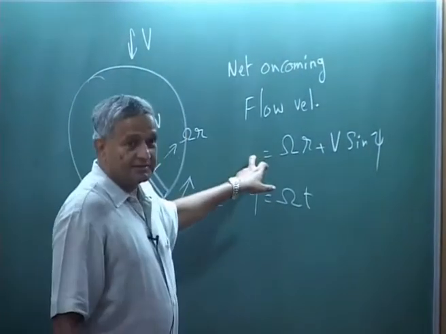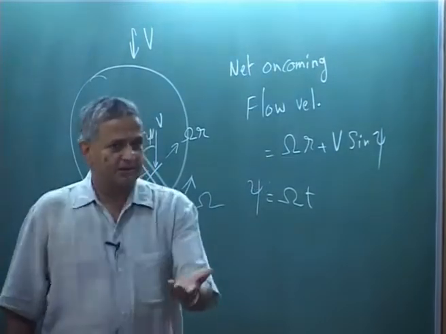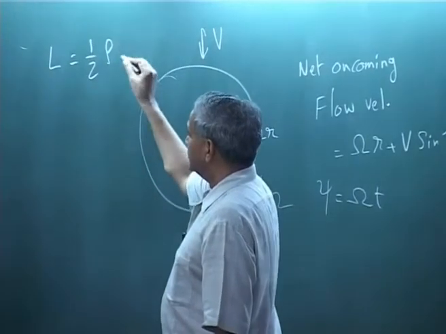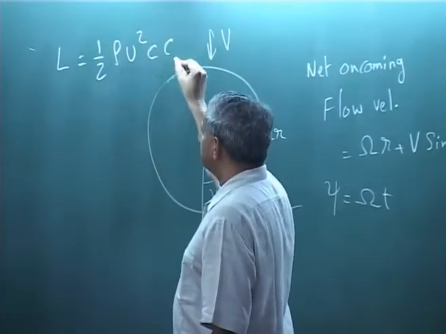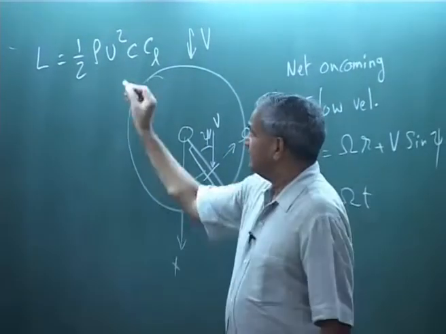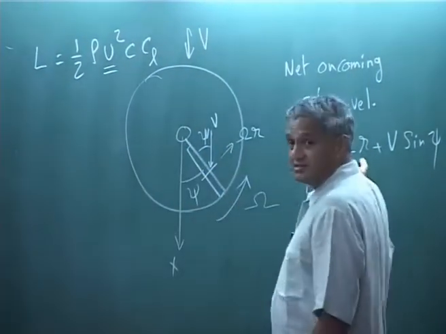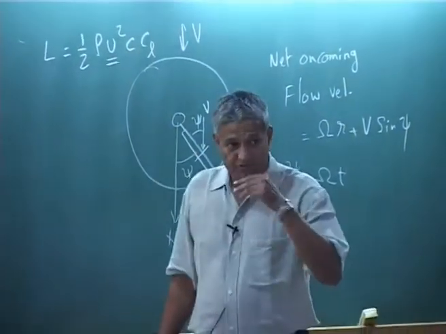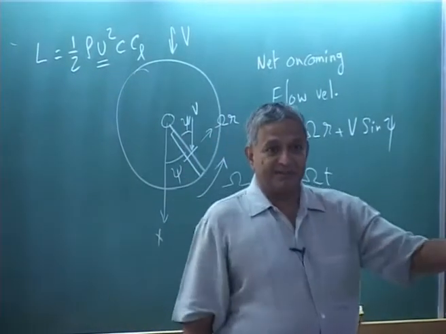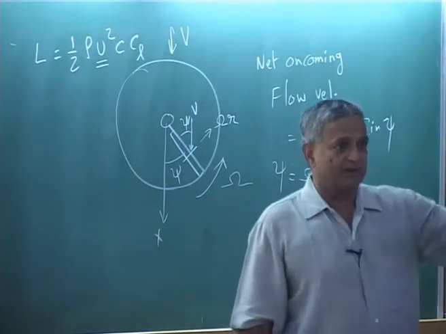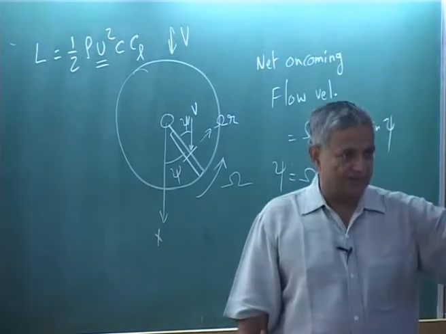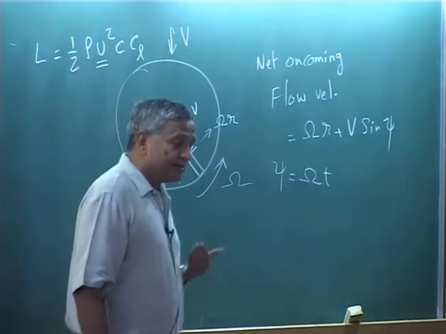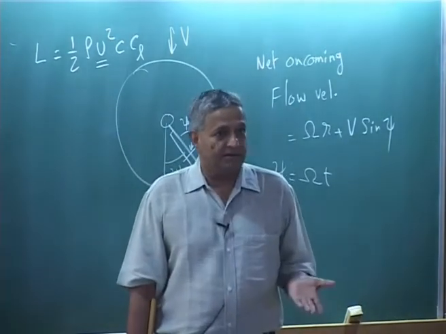Now, if you use simple aerodynamics, like last time I told you, lift per unit section, you take half rho U square c C_L, lift per unit area. This U is this, of course, there are other components. Immediately you will see this is a square, so you will have a second harmonic, sine square psi, which will become cosine. Okay. Now, you see slowly you are adding time varying quantities in the system.